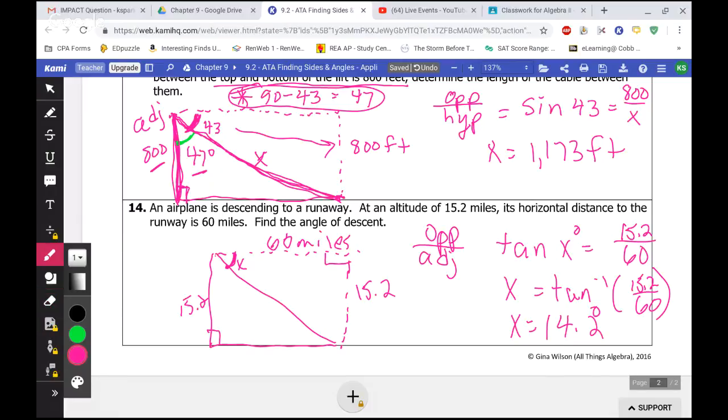If you had by chance done it the other way and found this one, you would have had to subtract your answer from 90, if you would have looked for this angle.